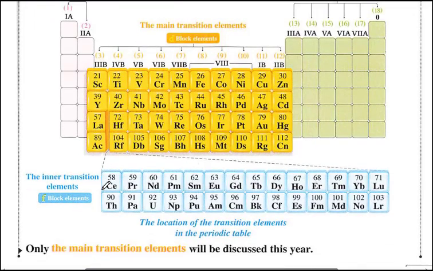Here cerium starts the lanthanides group, which comes after lanthanum, with 58, where the 4f sublevel starts to be filled successively, 4f1 to 4f14 here in lutetium 71. Thorium 90 is in the actinides because it comes after actinium, where the 5f starts to be filled with 1 electron and ends with lawrencium 5f14.